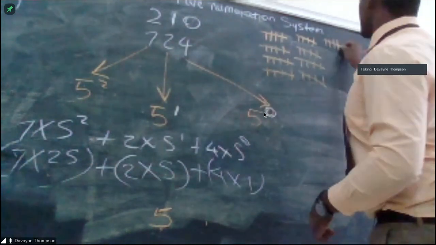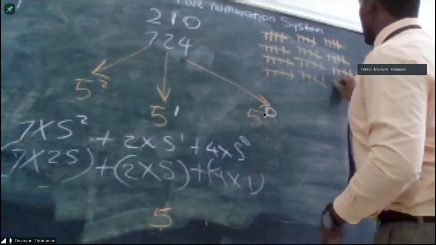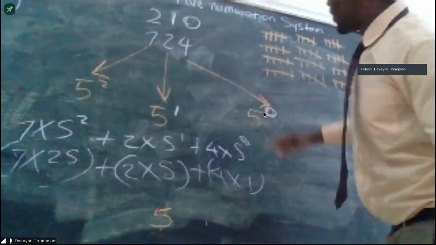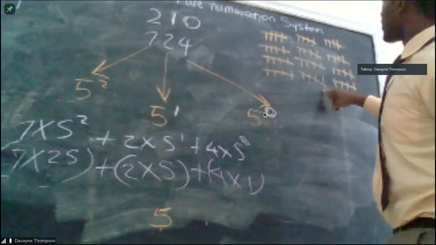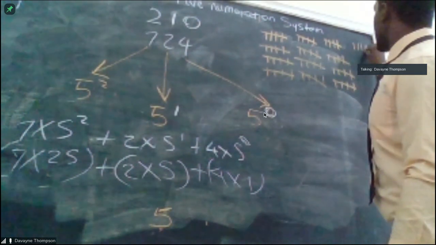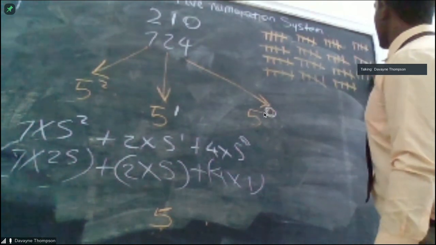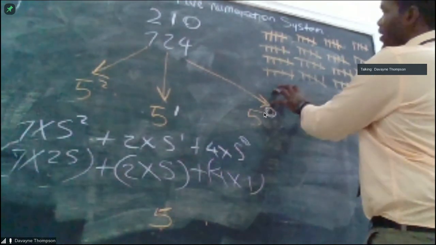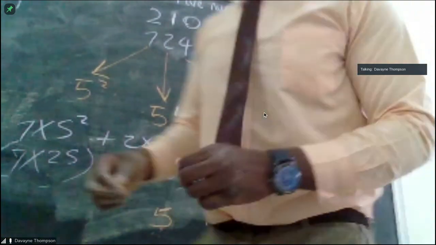How much is this so far? We have 4 rows. That's 12, right? So we're going to add one more row to make 16. So convert these tallies to a number of base 5.